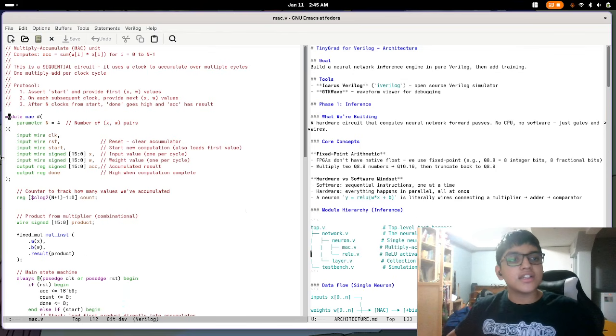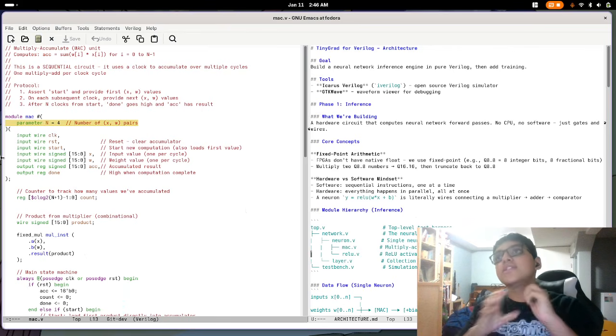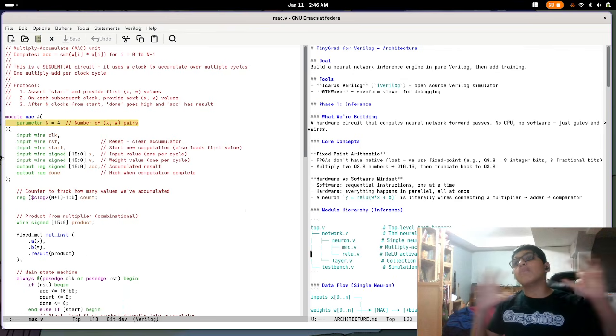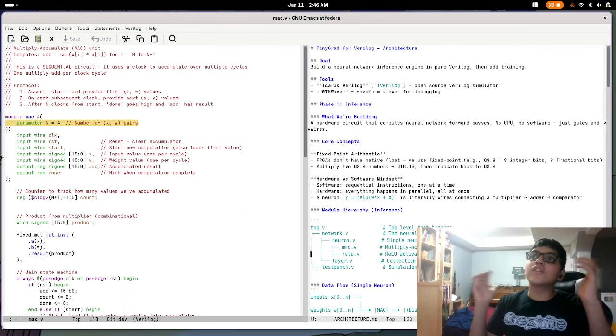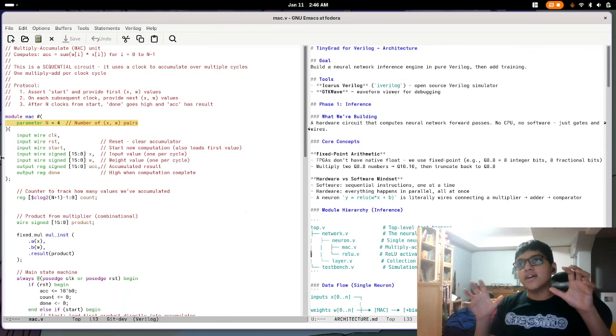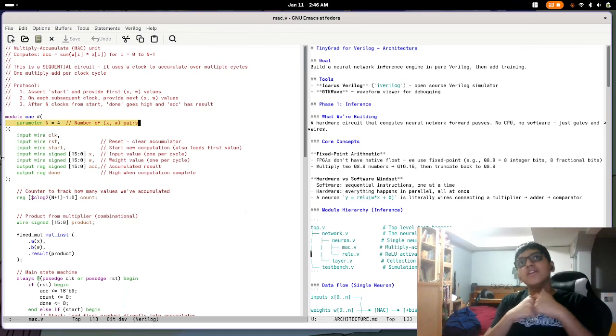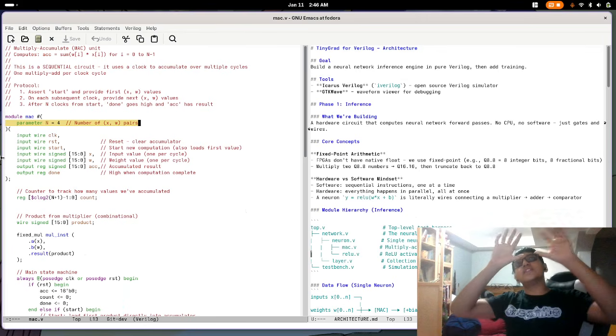You can pass in a parameter. You have to remember this is all actual hardware, so we're defining how many inputs we're giving it. We default to 4, just because.